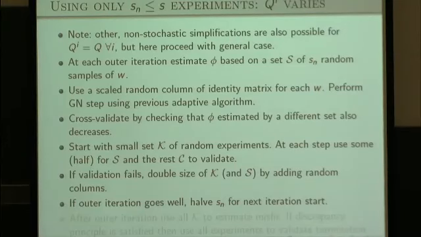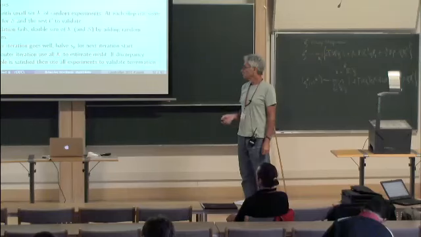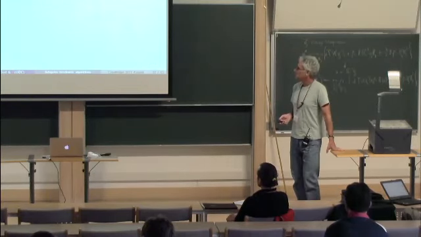So if the iteration goes well, then we can reduce the number of randomly chosen experiments in the next iteration. At the end, we are cautious. In order to claim that we are done, we actually check all experiments to see that a discrepancy principle holds. Again, the details are in this paper that is on my website.